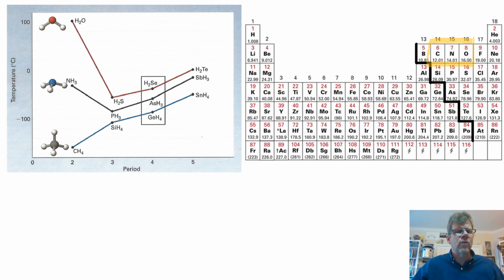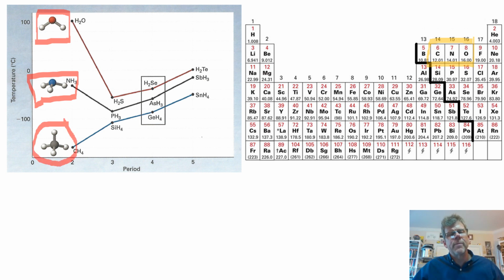So if we look at the graph again over on the left-hand side, on the y-axis we have temperature. We're basically talking about boiling point, increasing boiling points. So we follow the boiling points of our representative molecule with oxygen versus nitrogen versus carbon.